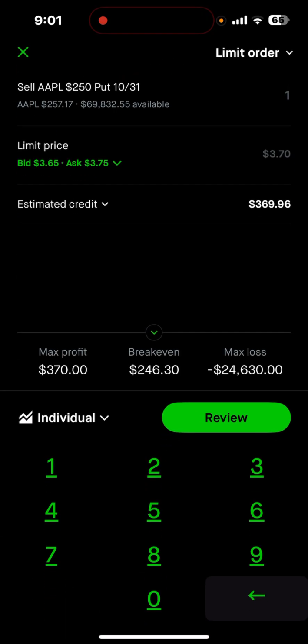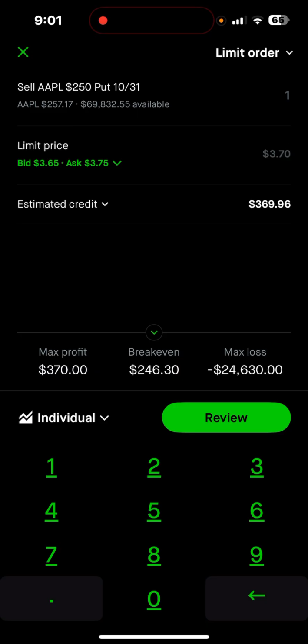When you sell one contract, they give you the estimated credit. Let's just say they give you $369.96 premium. This money will automatically deposit into your account.